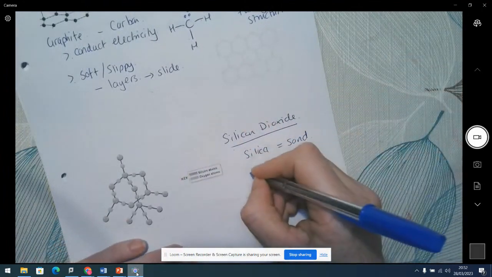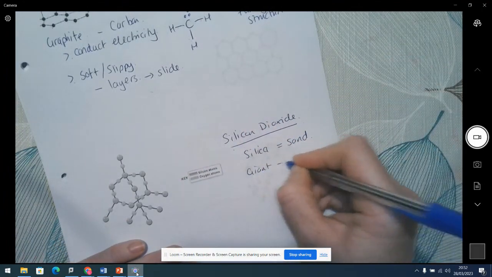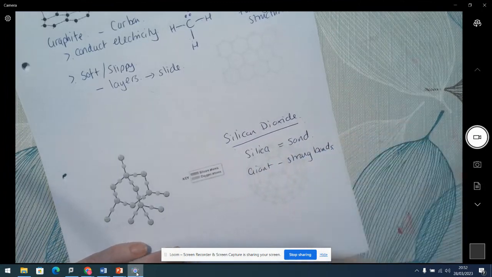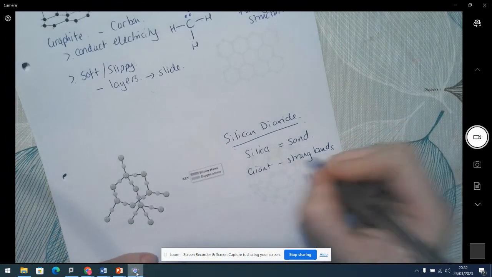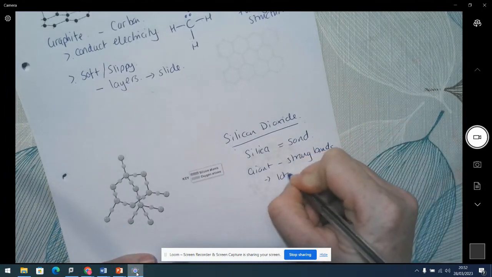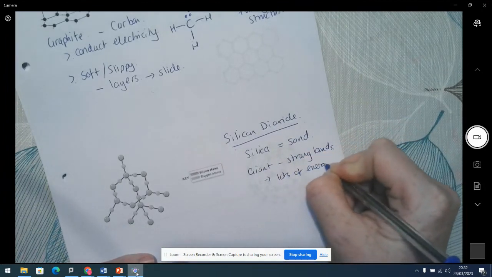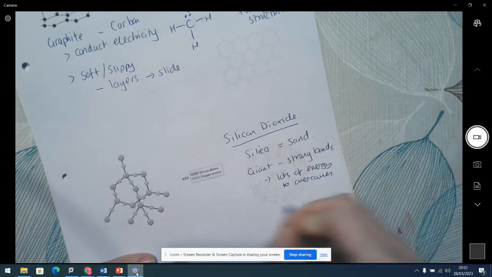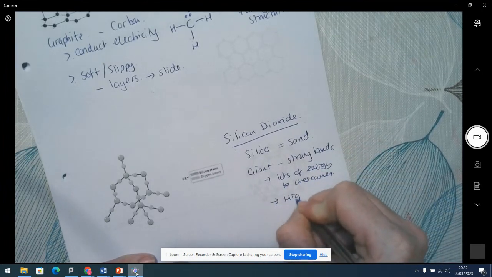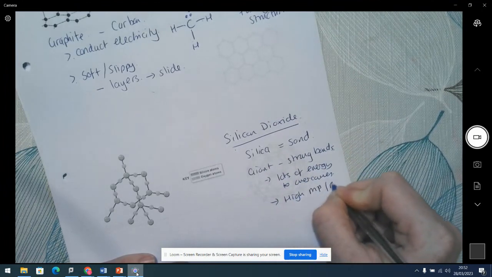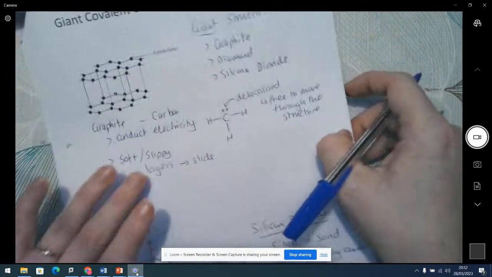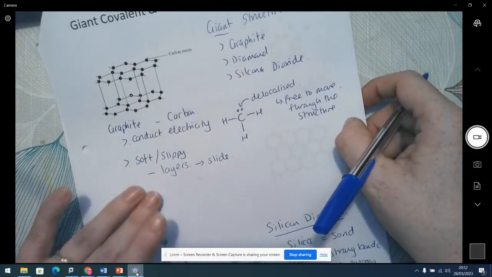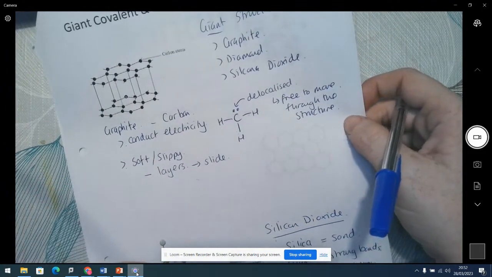But it's a giant structure, so we know giant means you've got strong bonds. Okay, so strong bonds, which means you then need lots of energy to overcome the force, which is why they have high melting and boiling points. And that's the same for graphite. Graphite also has high melting and boiling points because it's got those strong bonds.